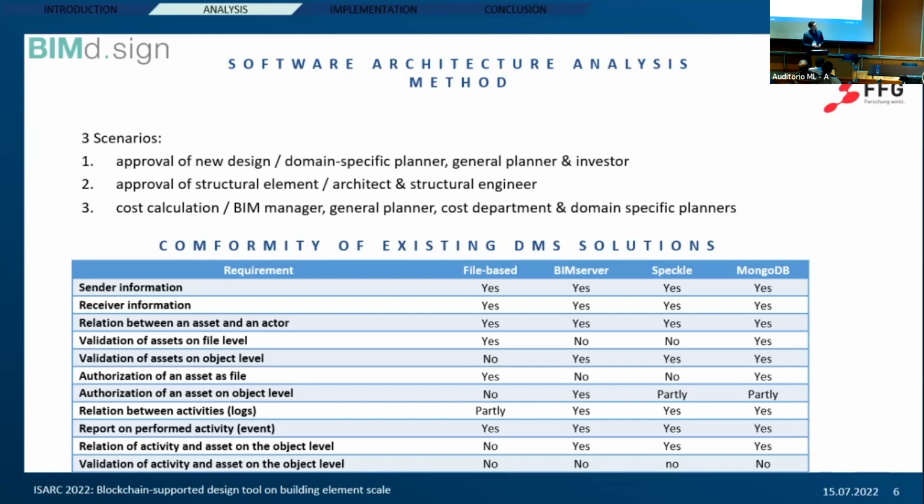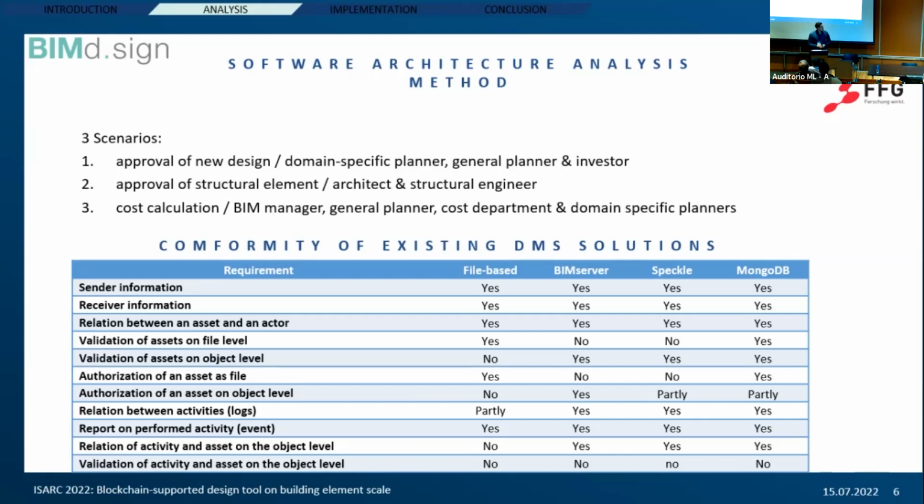Then we had approval of structural element, which is an object building element based process where architect and structural engineer communicate. Then we had a scenario, the most complex one with cost calculation, which was BIM based. So we had BIM manager who actually coordinates domain specific planners to arrange their models for cost department, and which should be approved by a general planner.